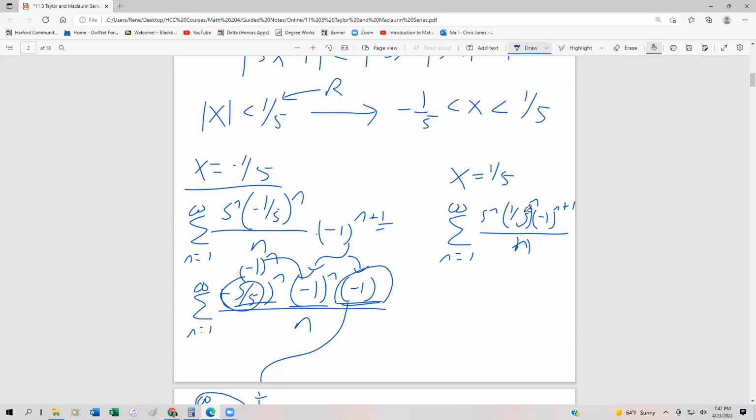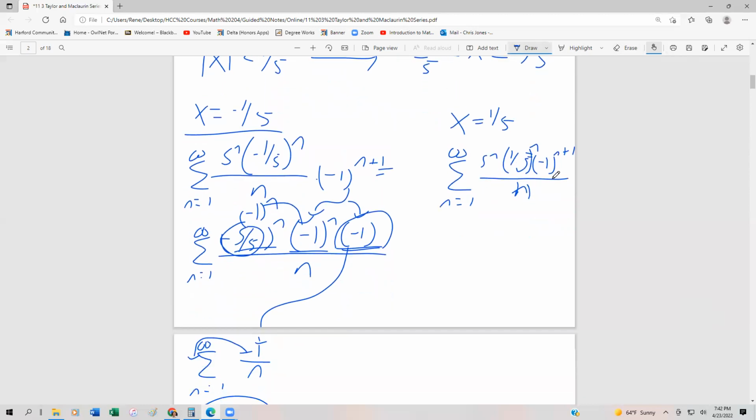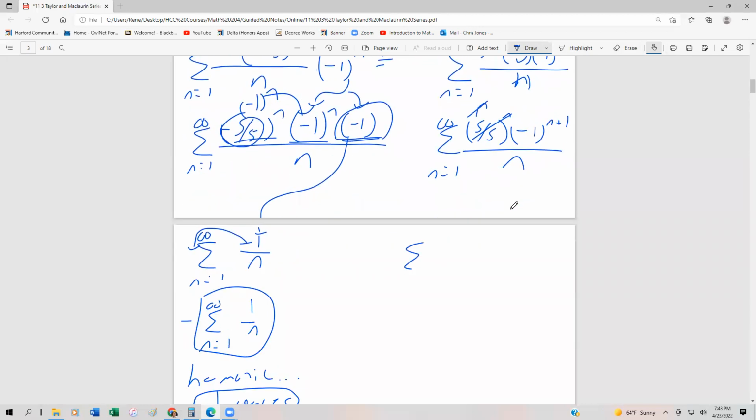And then 5 to the n times 1/5 to the n, we can rewrite that as the series n equals 1 to infinity of 5 over 5 to the n, times (−1)^(n+1) divided by n. This is just going to become 1 to the n, which just becomes 1. And so this is going to become the series n equals 1 to infinity of (−1)^(n+1) divided by n.